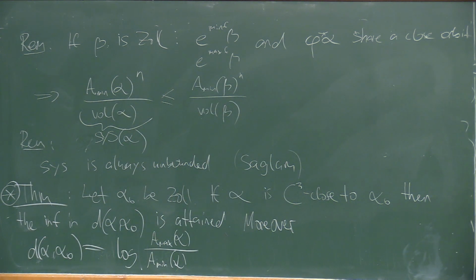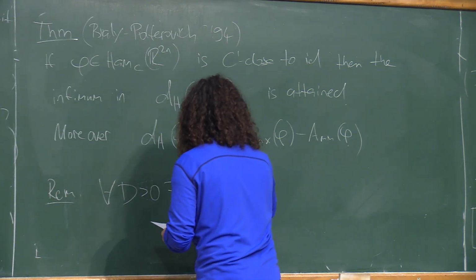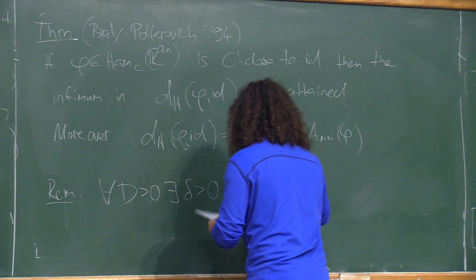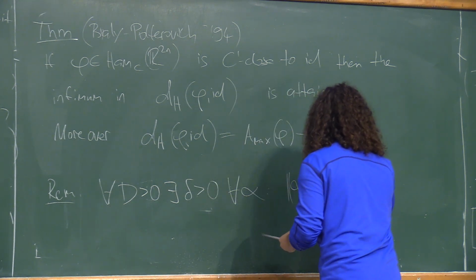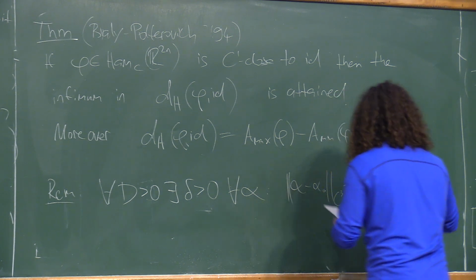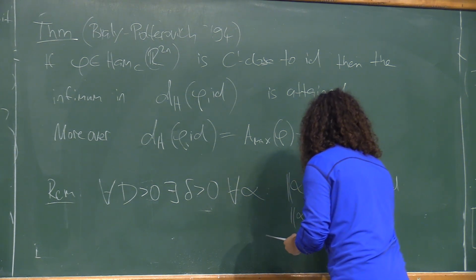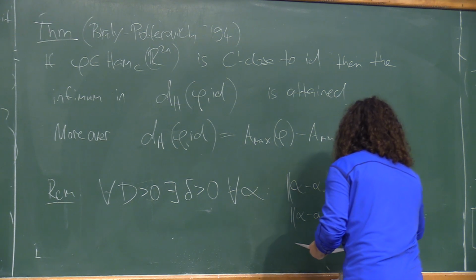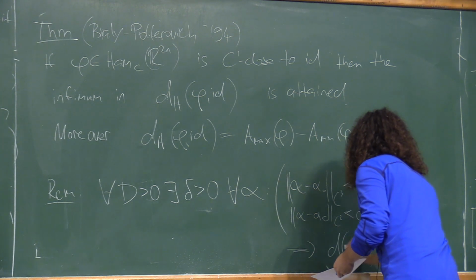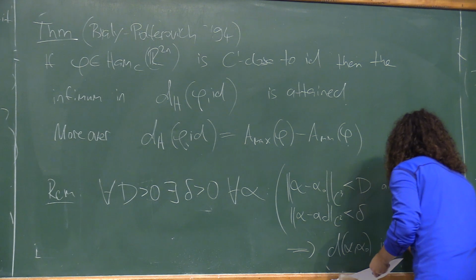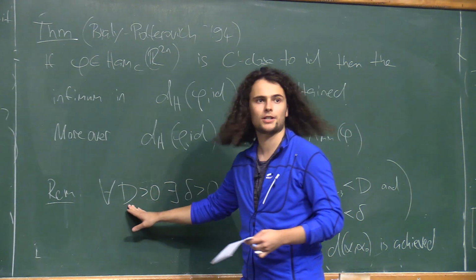For every d bigger than 0, there exists a delta bigger than 0, such that for all contact forms alpha such that the C3 norm of alpha minus alpha 0 is less than d, and the C2 norm of alpha minus alpha 0 is less than delta, if this holds, then this d of alpha and alpha 0 is achieved. So this is saying that I can fix an arbitrarily large d, right?